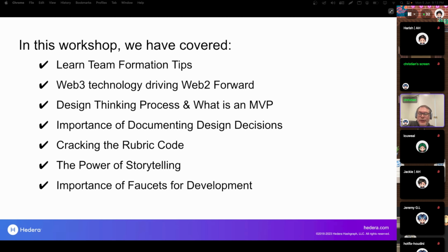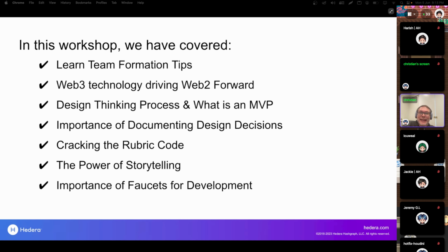We talked about how to design your application and to keep the scope very, very narrow and build quickly to that narrow scope and then start to solicit feedback. That is your minimum viable product.